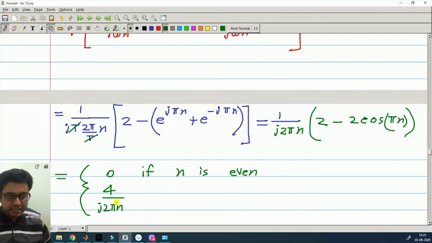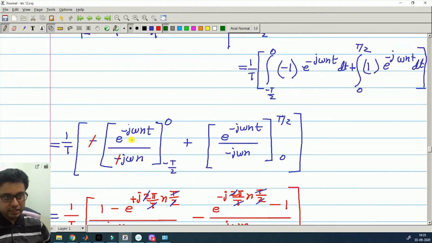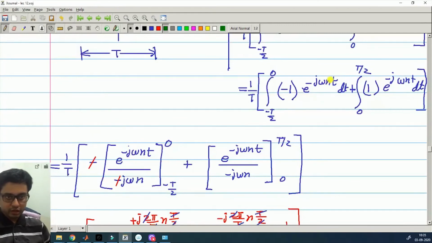Okay, that is the answer, but this is true if n is not equal to 0. Okay, see, n is this provided n is not equal to 0, because if n is equal to 0 here, then during the integration you cannot divide by n. Okay, so be careful about these small things that we often overlook.